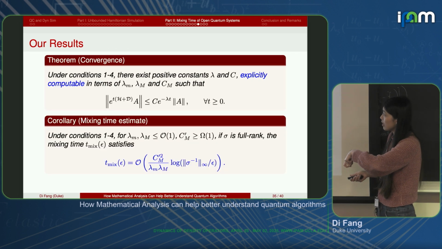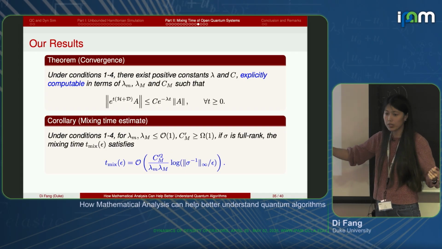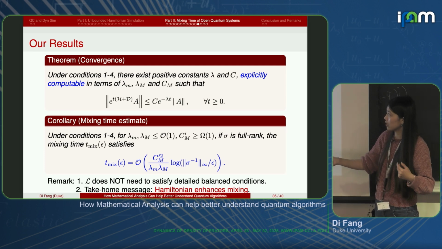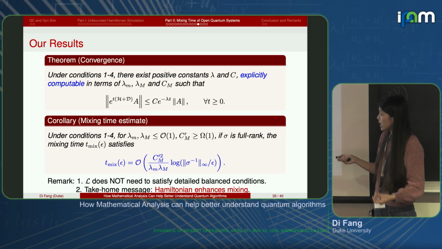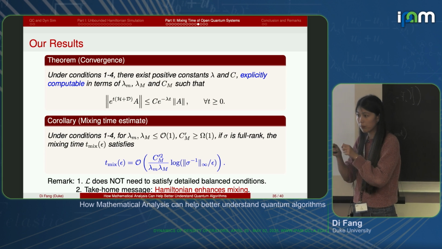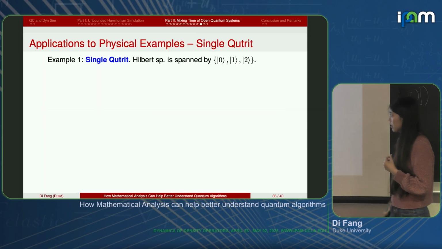The main theorem is that under this framework, the whole Hamiltonian does not need to be detailed balanced. Nevertheless, we can show a quantitative mixing time estimate that we can calculate. In particular, we are interested in showing whether this is poly(n), where n is small; then it means quantumly efficient. Otherwise, it's not quantumly efficient.